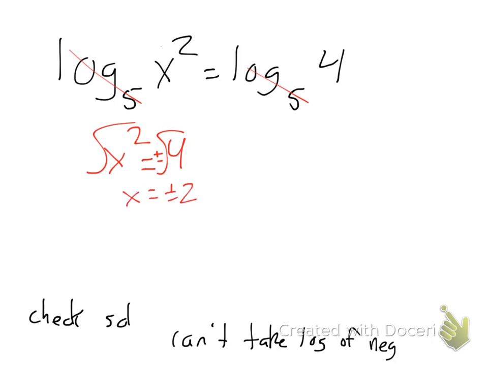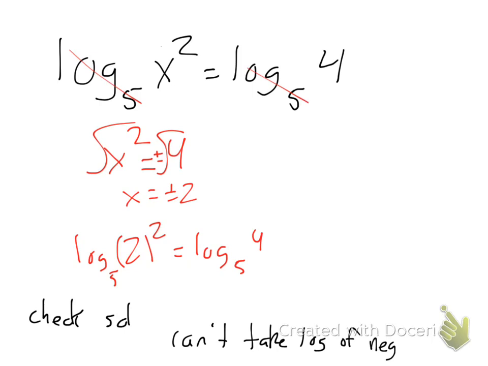Well, guess what? We know that if I take those answers of positive 2 and negative 2 and plug them in here, I will have log base 5 of 2 squared, which is really log base 5 of 4, and that works because that equals what's over here.